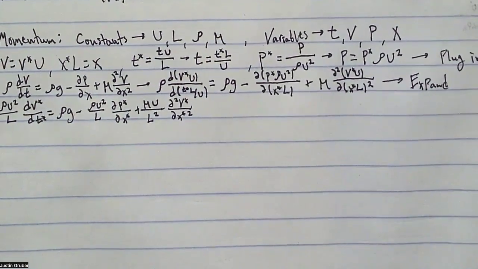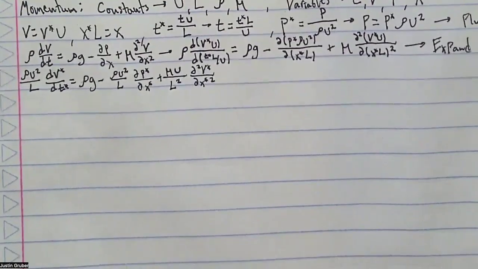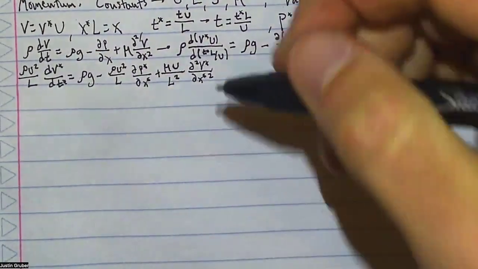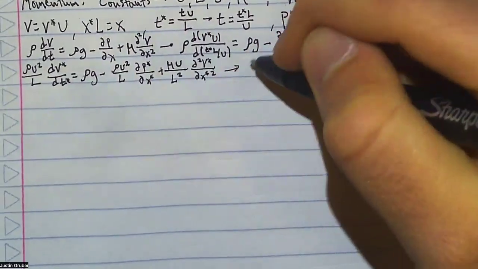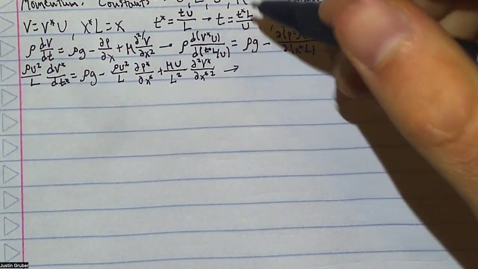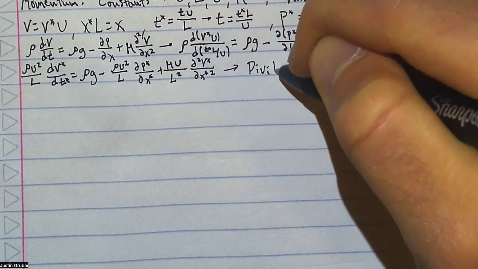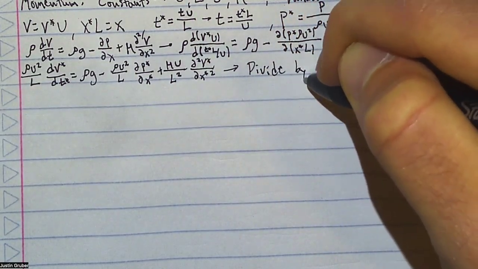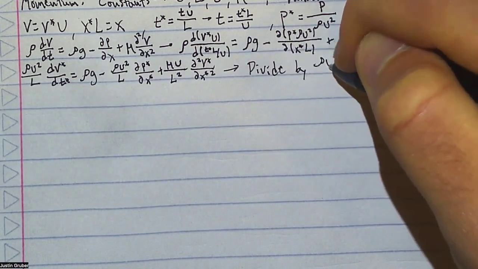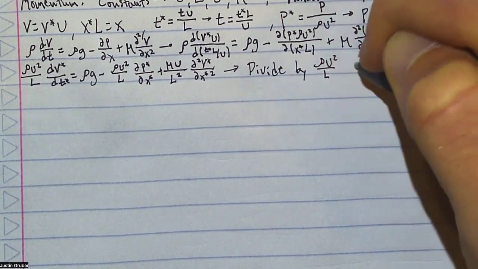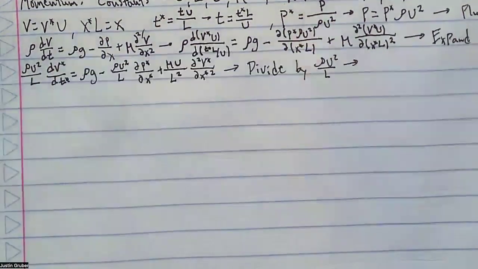Cool. And so now we're going to do some more manipulation. I'm going to skip a line. I'm going to start skipping lines too because it's getting kind of cluttered. So you can see we've got a lot of like terms here. So let's divide by rho U squared over L. Cool. So let's do that.